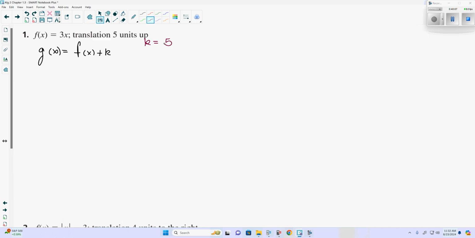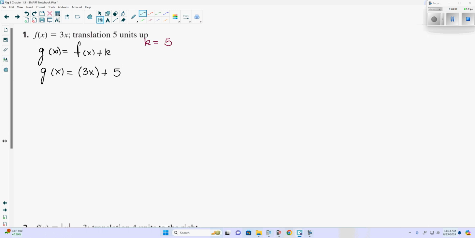So now we're going to replace k with 5, and we could put parentheses around it. And we could do this all at once. We can replace the f of x with its function, 3x.